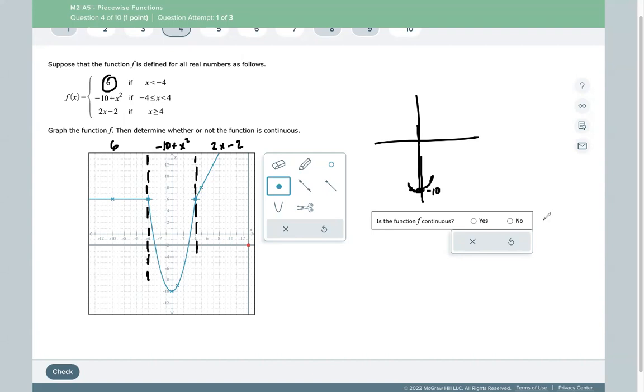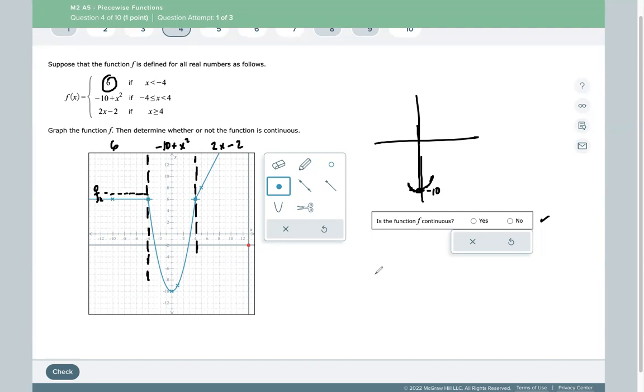And the question whether this is continuous or not is based on whether you can walk over the graph without missing a beat. So you don't have any segments that are incomplete. Every part of the graph is connected to the previous one.